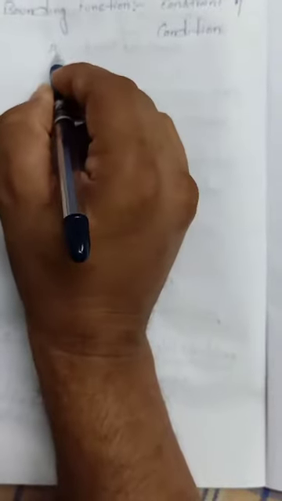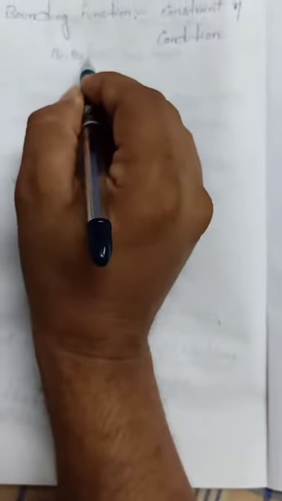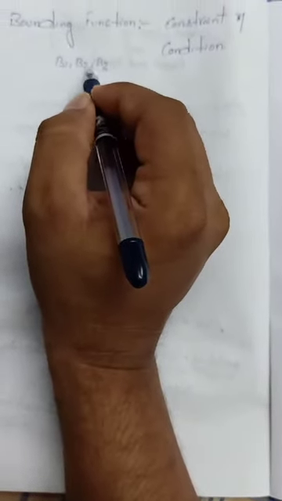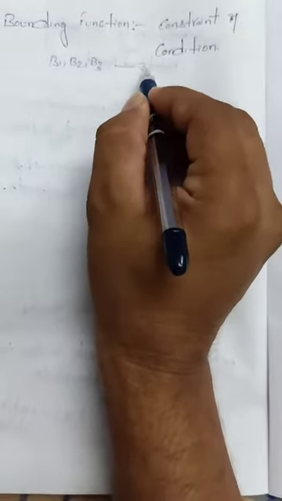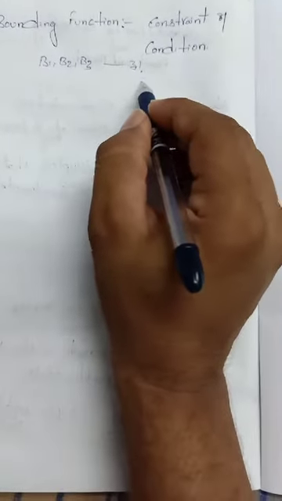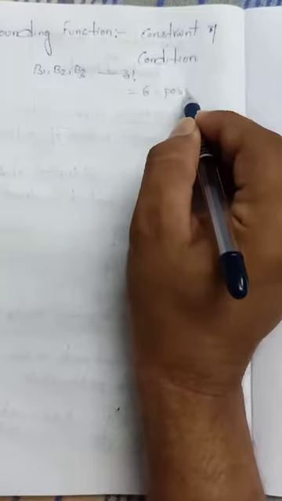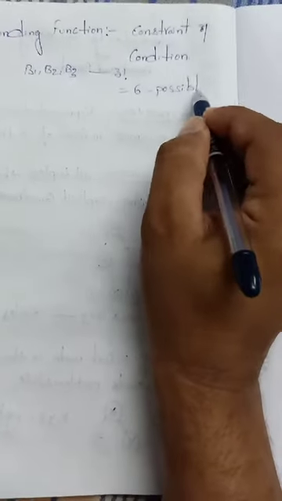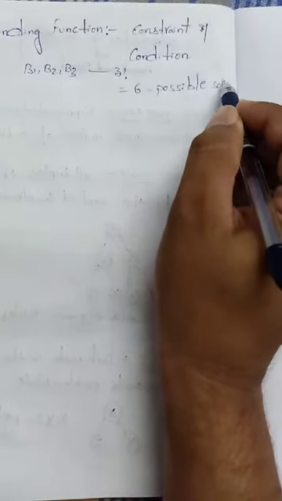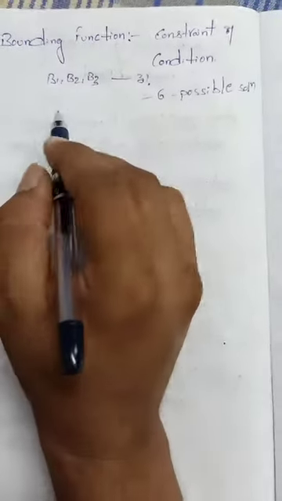For example, there are three boys. In how many ways can we arrange these three boys? Yes, 3 factorial, which means we get 6 possible solutions. What are those?